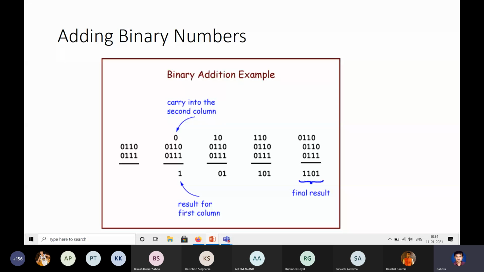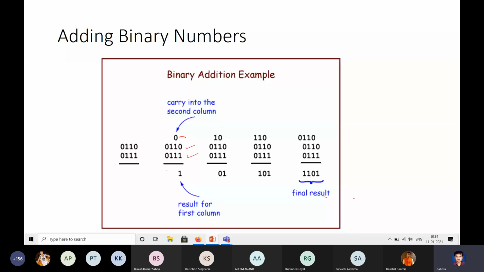So let's say I want to add two binary numbers. I'm not writing their decimal equivalent. I don't think I need to verify them. So I want to add two 4-digit binary numbers, 0 1 1 0 and 0 1 1 1. Okay, so now let's apply this previous rule of adding two single bit numbers. So I want to add these two single digit numbers, 0 and 1. The result would be 0 1.